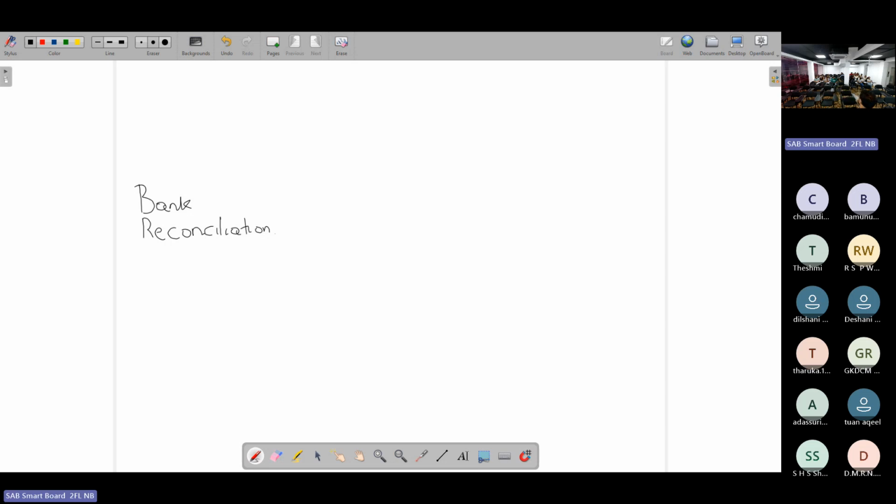The same concept you can convert into bank reconciliation as well. So for bank reconciliation, whatever bank transactions happen through the bank must be matched with the bank statement.